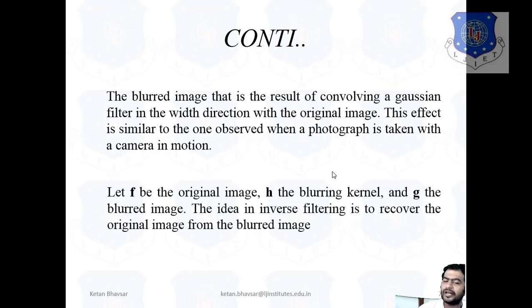Let F be the original image, H the blurring kernel, and G the blurred image. The idea of inverse filtering is to recover the original image from the blurred content that I already told you. With this method, we can extract meaningful content from blurred, distorted or corrupted content.